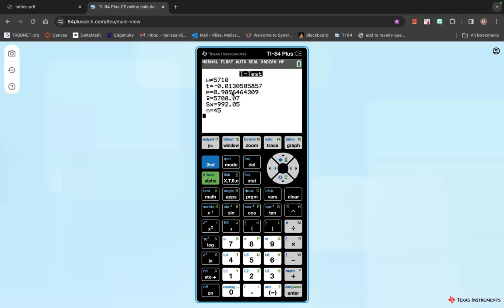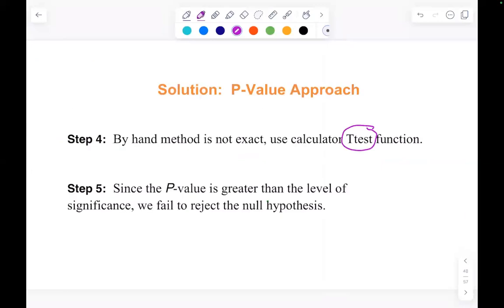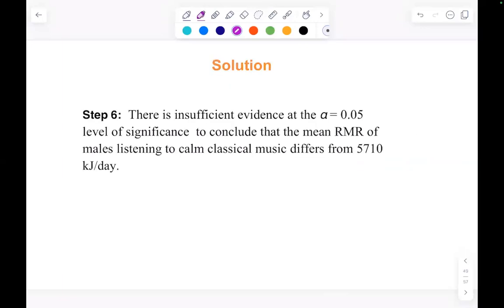Questions? All right, I'm going to go back to this other screen. So p-value is greater than the level of significance, so we failed to reject the null. So you could write a conclusion like this if you want.